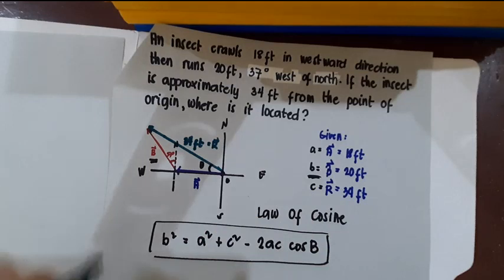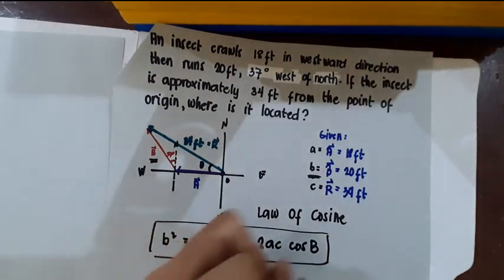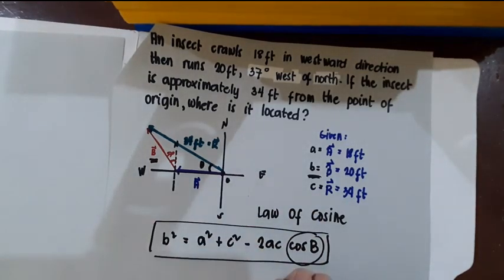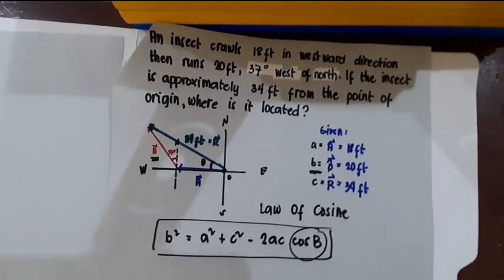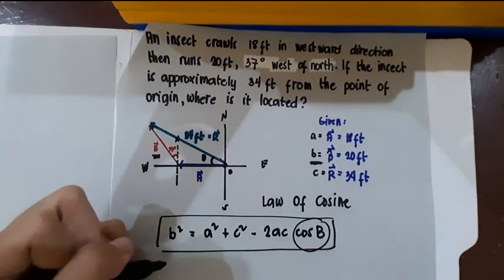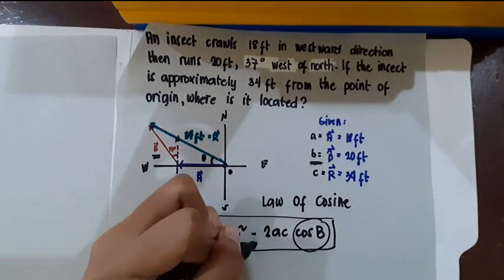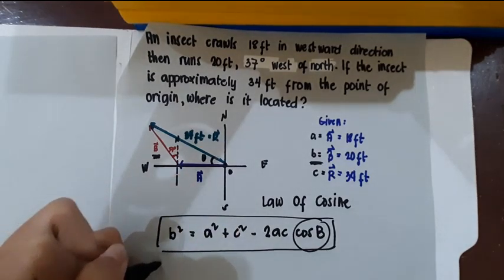Since we are looking for an angle, we will transpose it to the other side. And B squared, we will also move to this side. Since this is negative, when we move it to the other side it becomes positive.